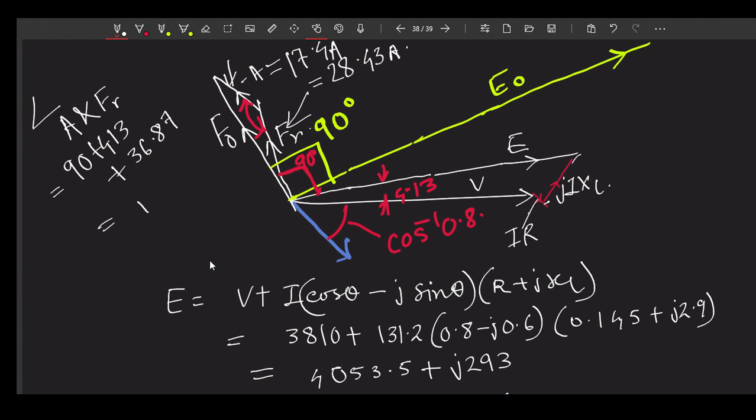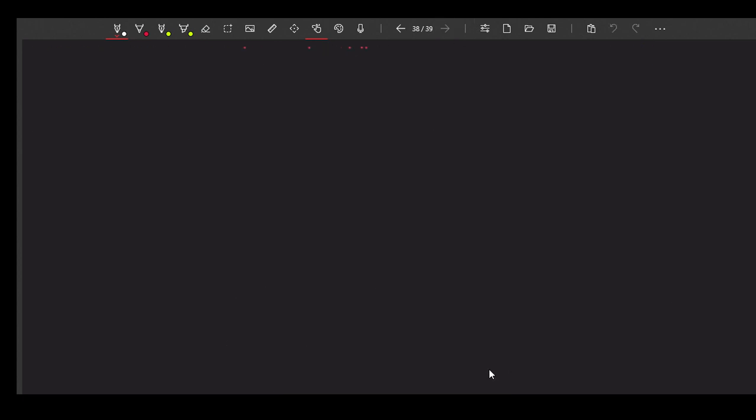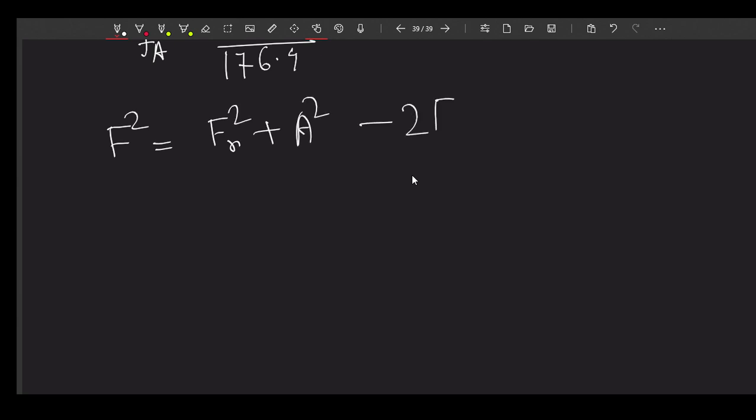You will get something like 131 degrees. So we need to utilize this information here to calculate our F. That will result in F equal to 41.9 ampere.